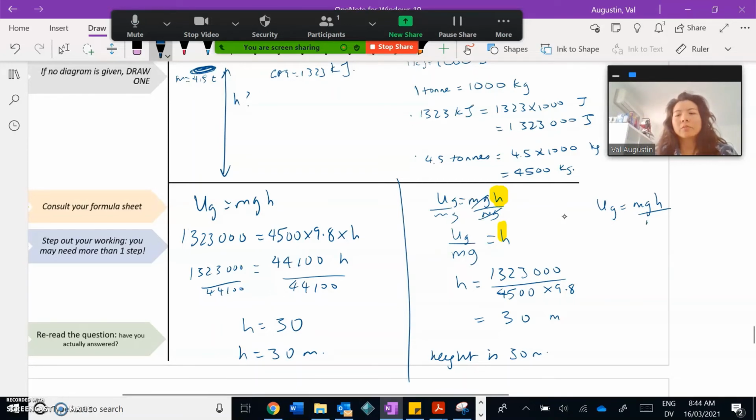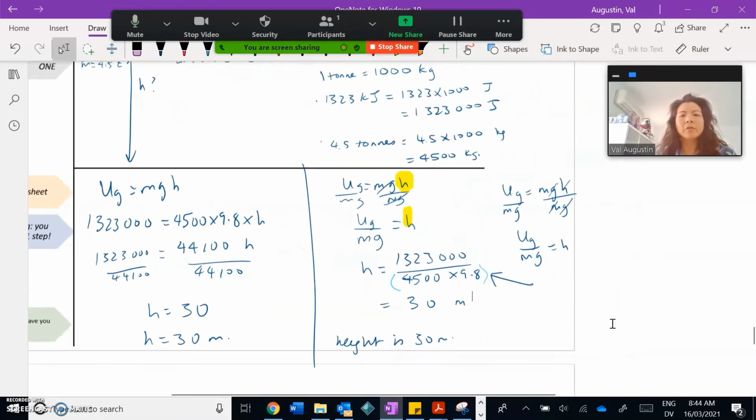That gets rid of the mg on the right-hand side, which gives me UG over mg, and then I can just substitute in the values just like I have over here: 1,323,000 divided by 4,500 times 9.8. When you plug that into your calculator, make sure that all of the denominator is in the denominator. It probably helps to put brackets around it. You'll get the same answer of 30 meters as well.